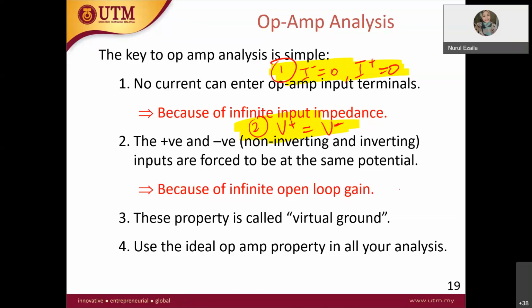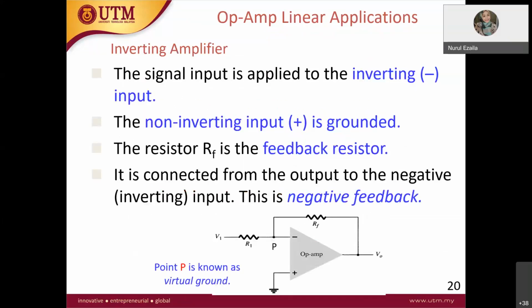Let's take a look at an example. We have an inverting amplifier. At the negative node, we call it V inverting, V minus, and this is V plus.